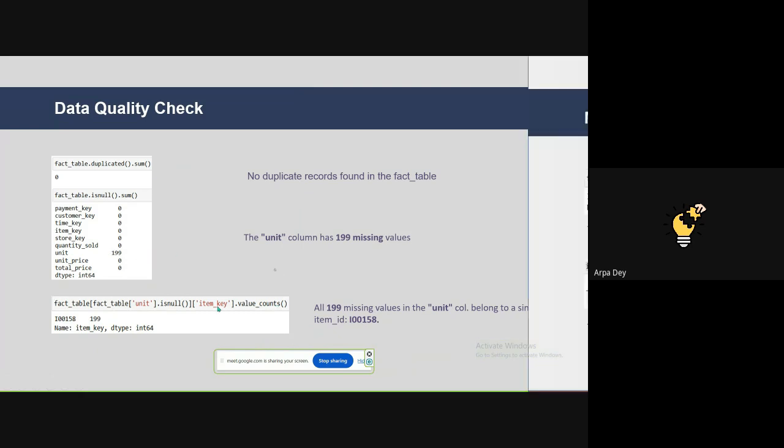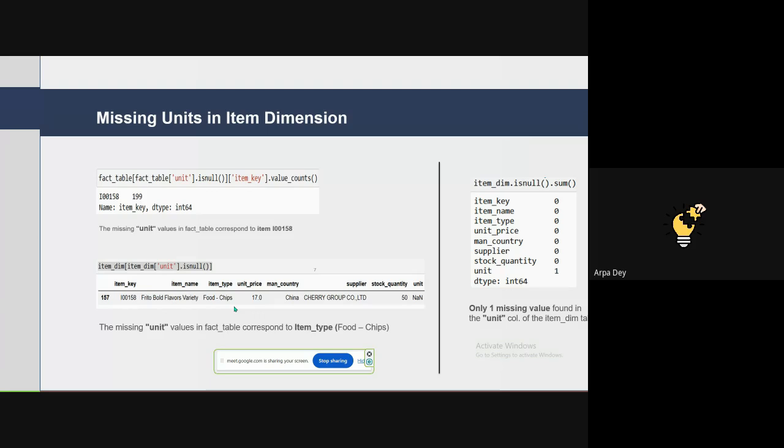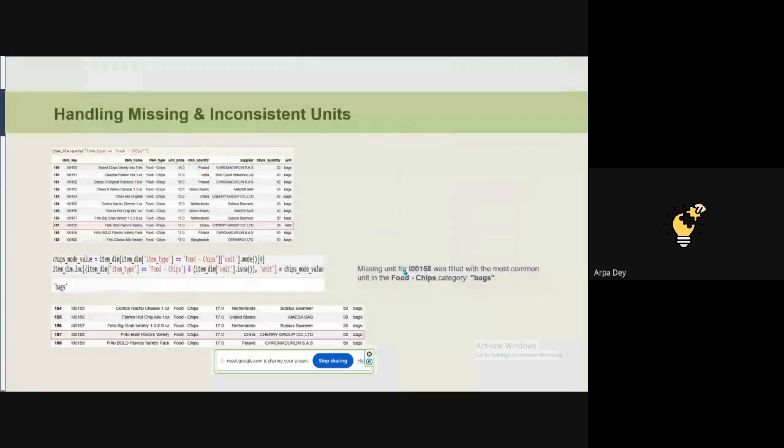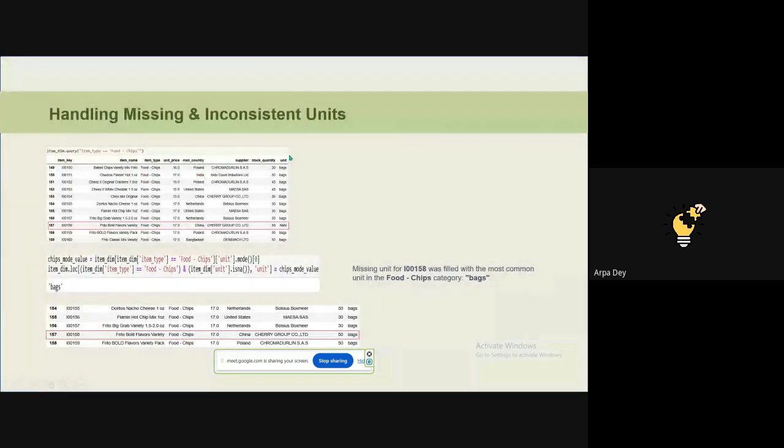From here we can see that item number 155 has missing values in the unit column. To solve this, I checked the unit column of the item type, which is food chips, which is mostly bags in the unit column. So using the mode, I have replaced it.